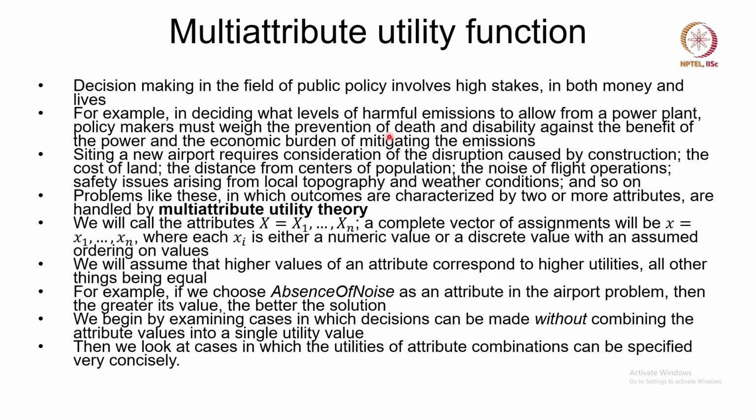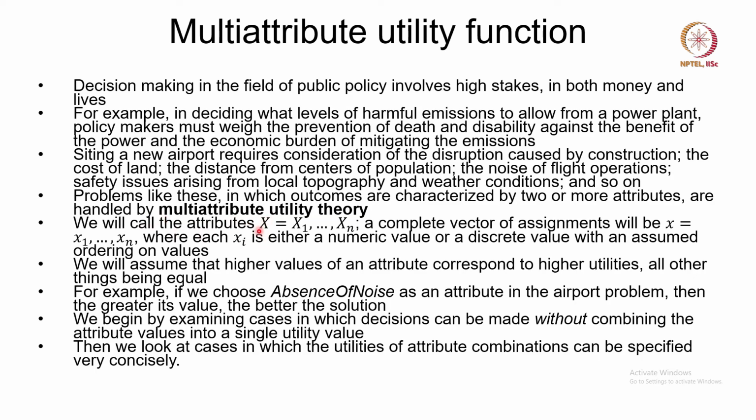So all the various variables which affect it will need to be taken into account, right? And you have a utility function with a number of different attributes. So when you have more than two attributes, you call it multi-attribute utility theory.